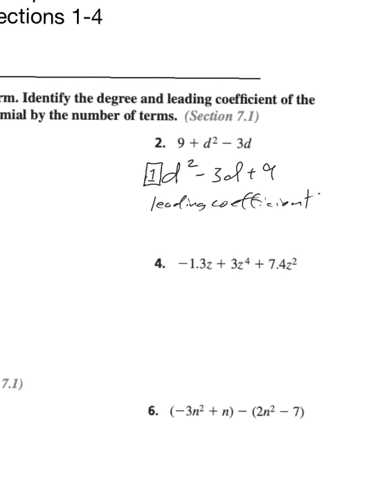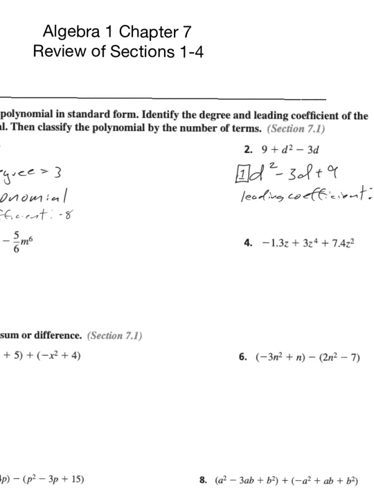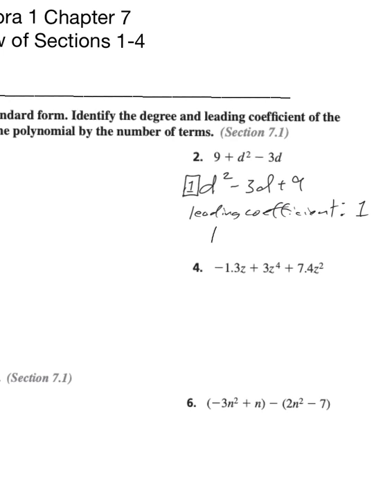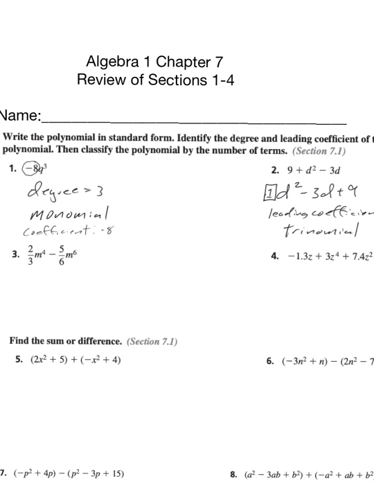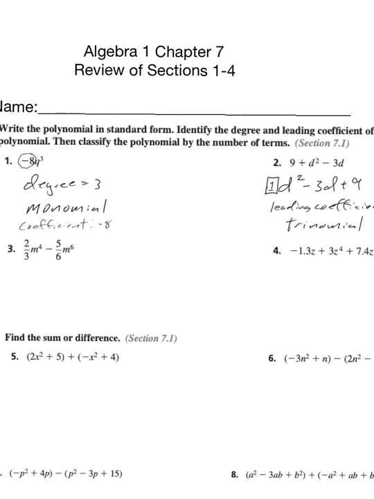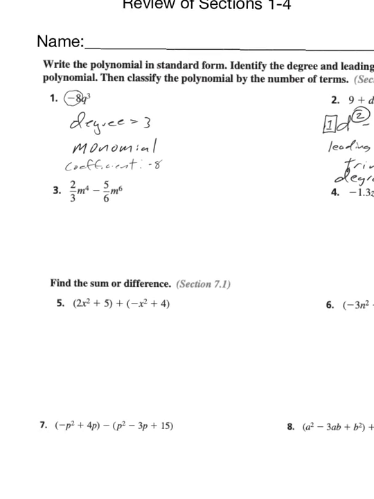In this case, it's going to be 1. We usually don't write the 1, but you should know that that's what it is. The name of this polynomial, there are 3 terms, so we call that a trinomial. Let's make sure we got everything they asked for: standard form, the degree, the leading coefficient, and classify it. Okay, very good. We didn't do the degree. The degree is going to be second degree, or degree 2. All right, good.